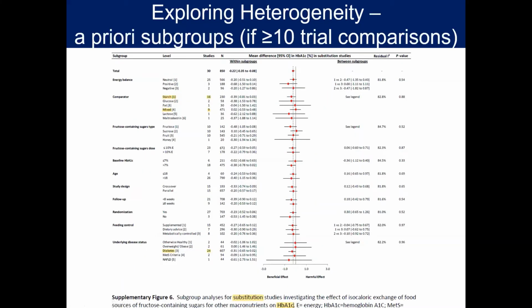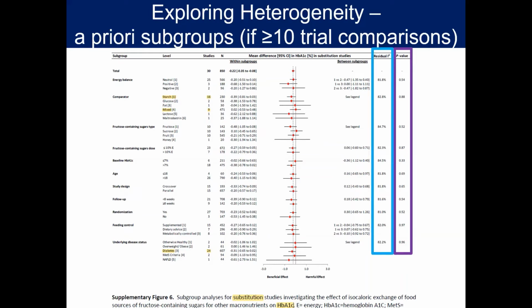Beyond the text, you will likely find results of the sensitivity and subgroup analyses in figures and tables. Here is supplemental figure 6 for our example, in which we can find the a priori subgroup analyses for substitution studies on HbA1c, which is what we are focusing on in our example. None of these are significant.